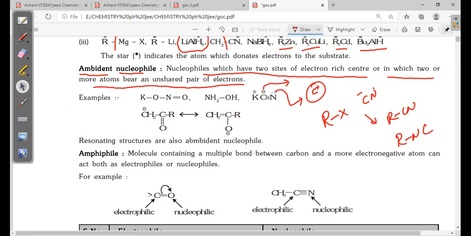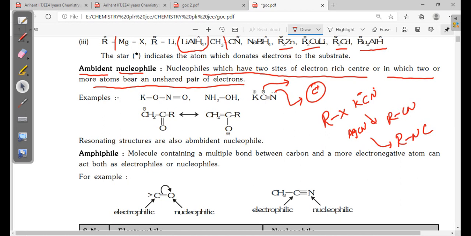That depends on the condition. We will discuss that in the next classes. One is KCN, the other one is AgCN. In the case of AgCN we get RNC, in the case of KCN we get RCN. So the conclusion is that cyanide can form the bond with carbon or nitrogen.